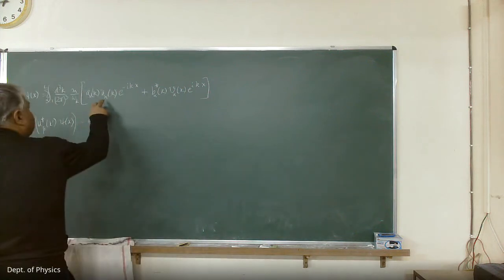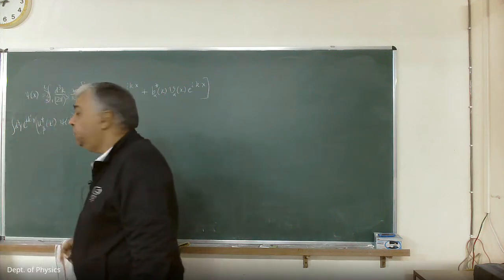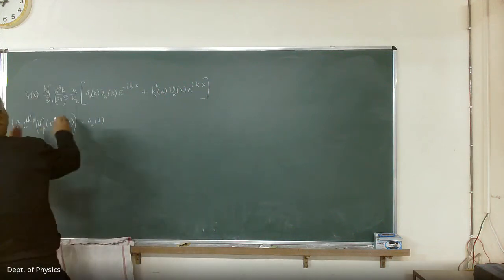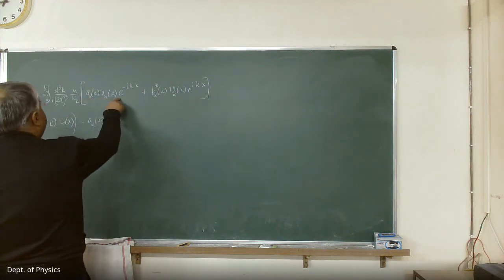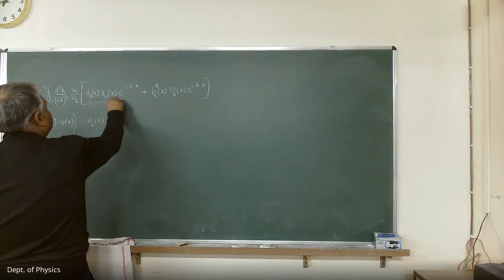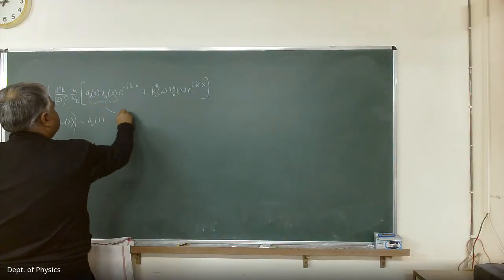I can commute it with U alpha K. These are, component-wise, numbers. So I can write this whole thing here, A alpha K, because this is a number. So this thing becomes U alpha.